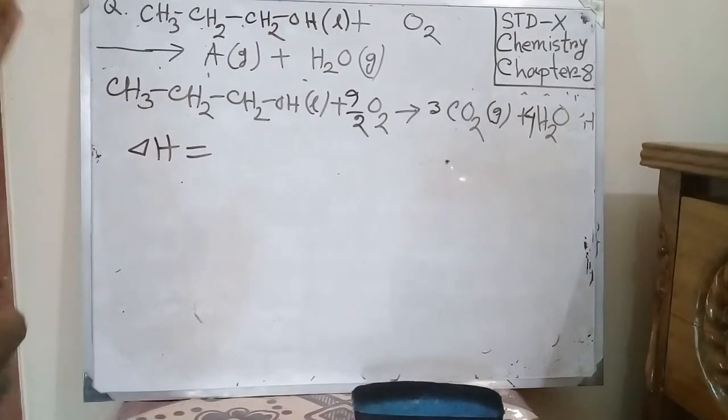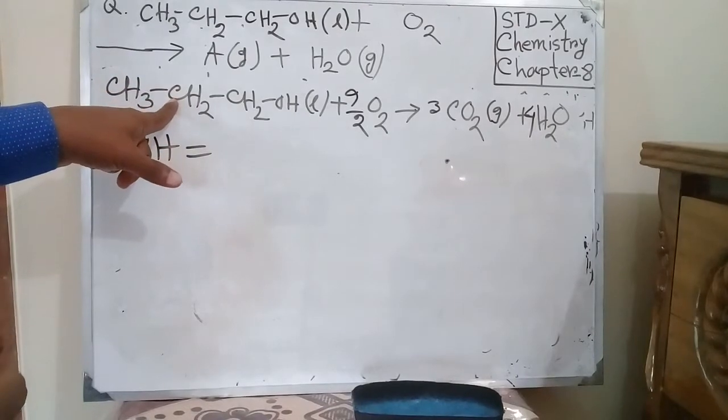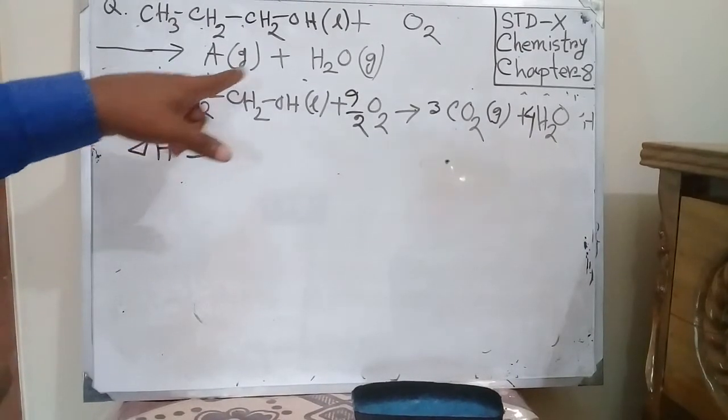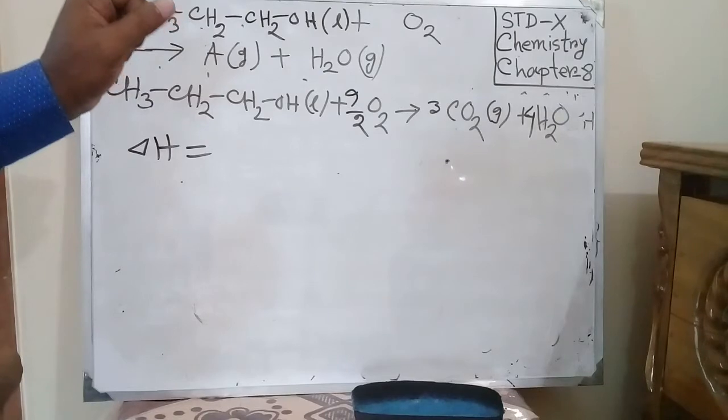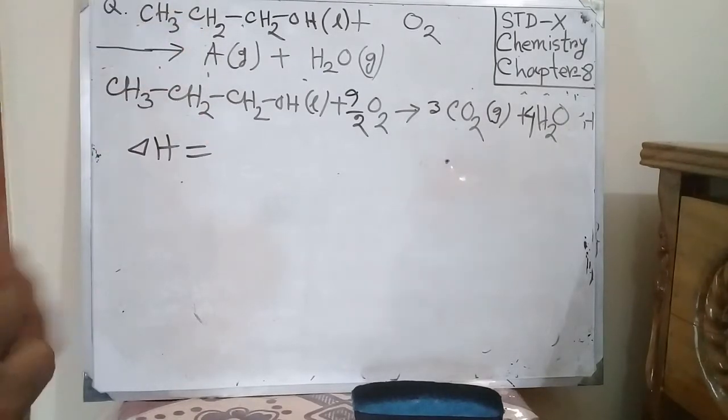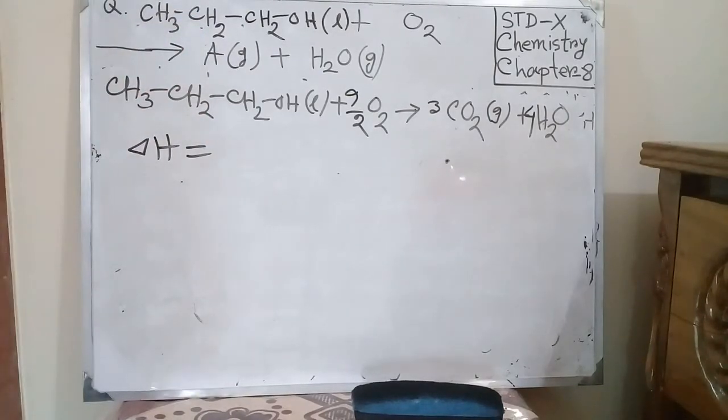And we have got 2 carbon-carbon bonds, 7 carbon-hydrogen bonds, 1 carbon-oxygen bond and 1 oxygen-hydrogen bond. Now we'll put the values here.